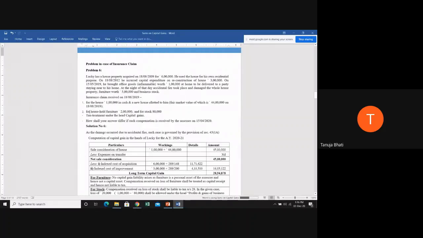Okay. Now, for household furniture, he received 2 lakh as cash, and for stock, he received 80,000 as compensation from insurance company. Now, tax treatment, show the tax treatment under the head capital gains, and how will your answer differ if the compensation was received on 15/4/2020?